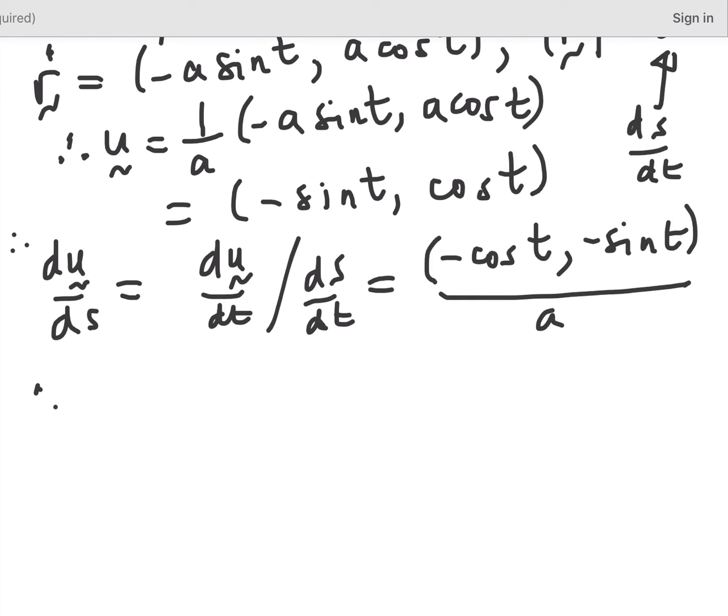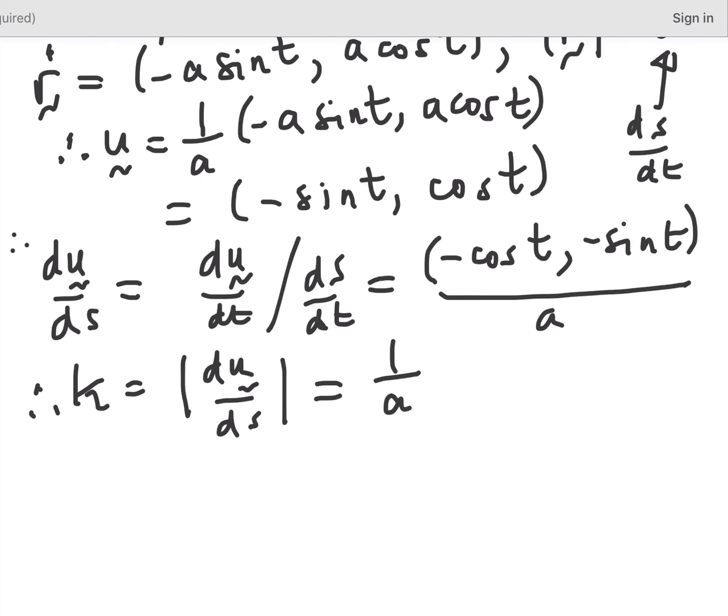So therefore, kappa, the curvature, is the mod of du/ds, okay, which is 1 over the mod of a, which is positive anyway, multiplied by the mod of the vector minus cosine, minus sine.